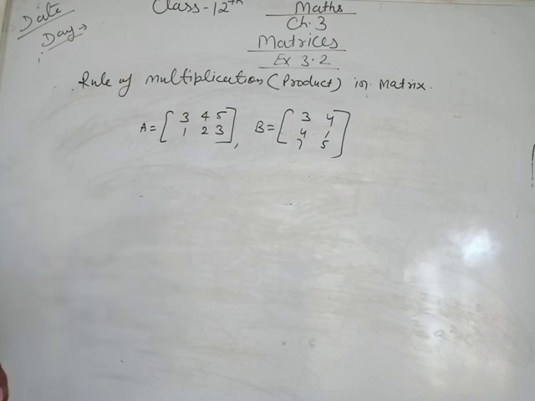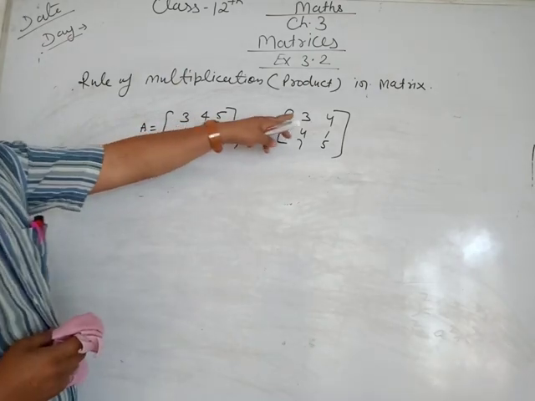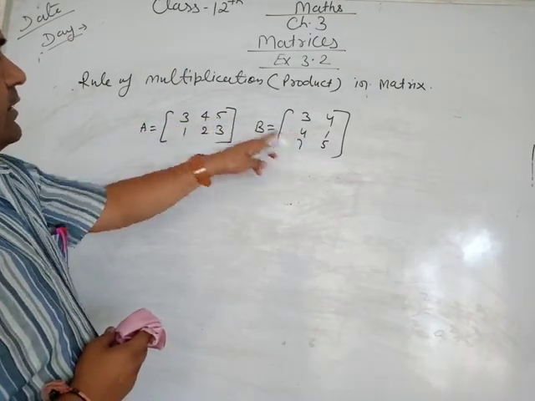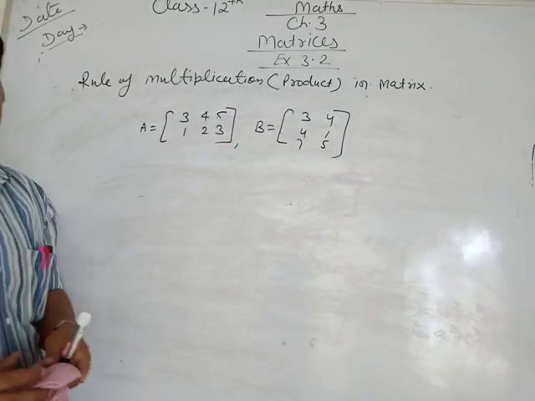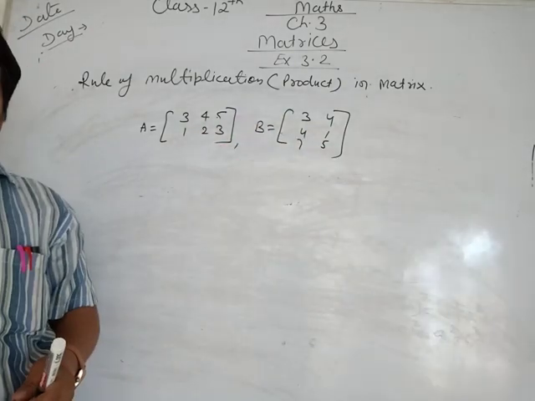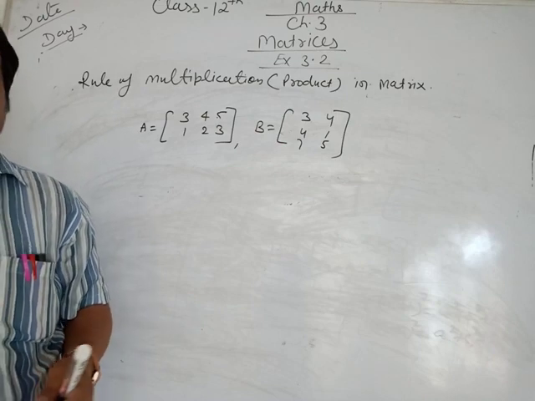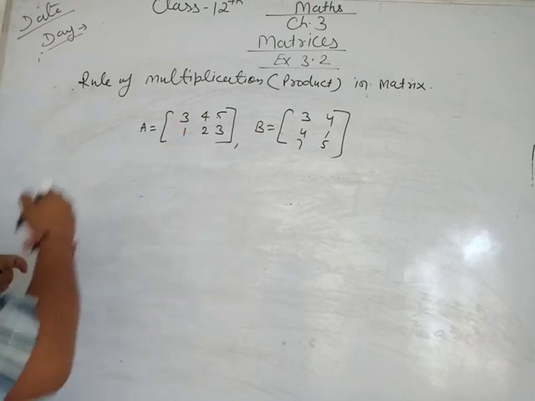So the multiplication condition is there. First this and this, and this. So now how can you multiply this?